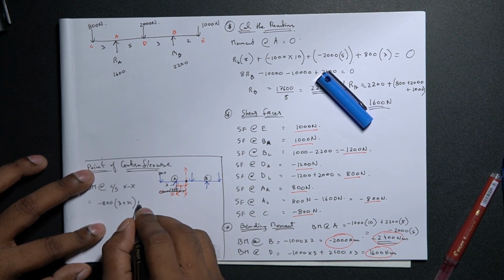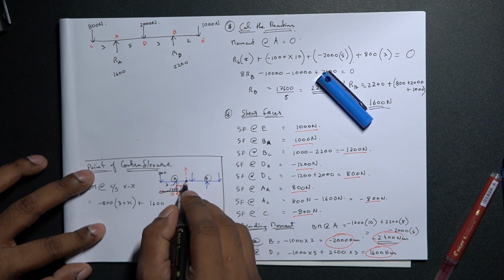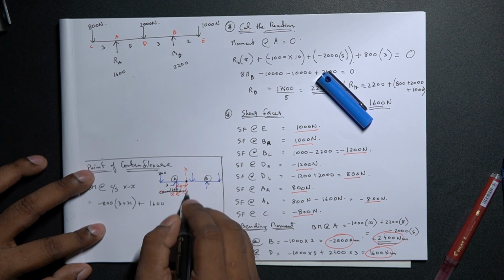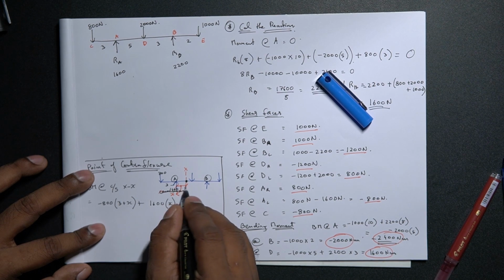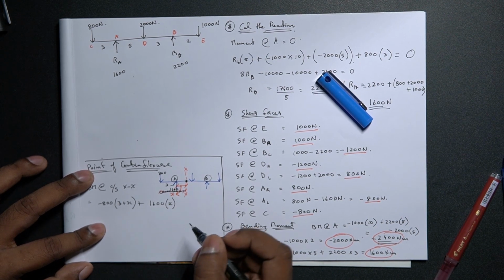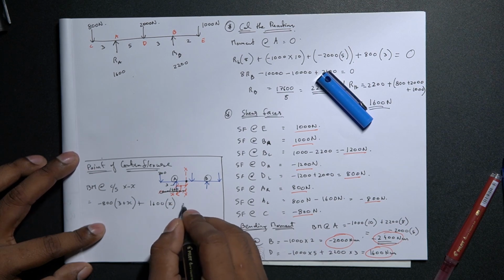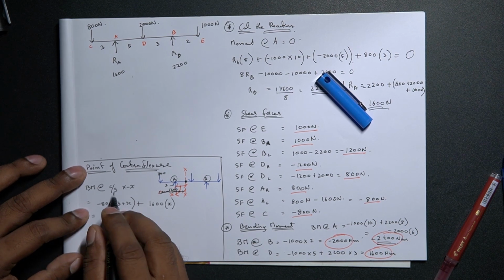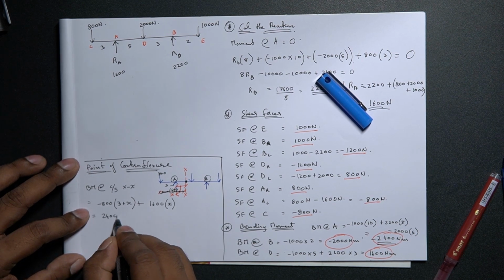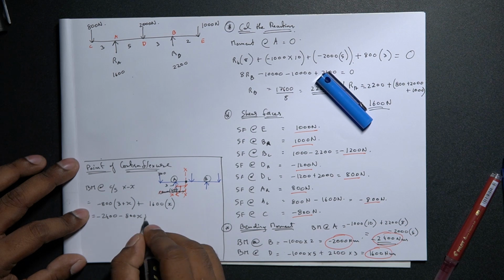Next, we have Ra, that is 1600 acting upward to the point of section XX. So upward 1600 times the lever arm, which is x. The distance is still x over there. And we can just solve this: minus 2400 minus 800x plus 1600x.